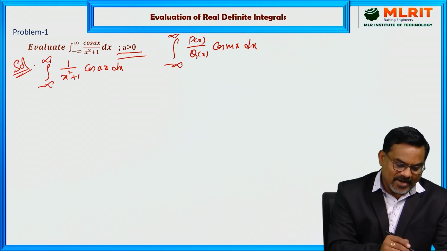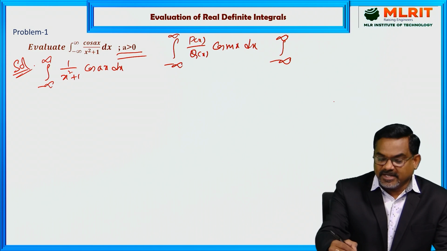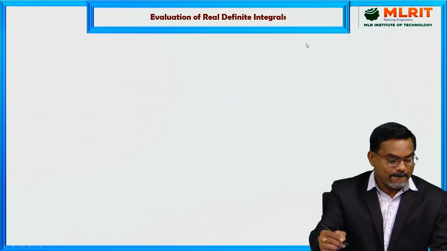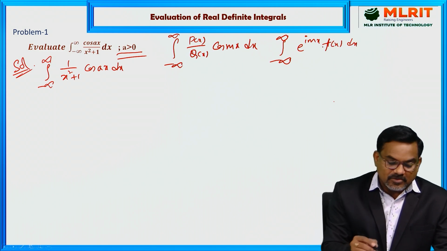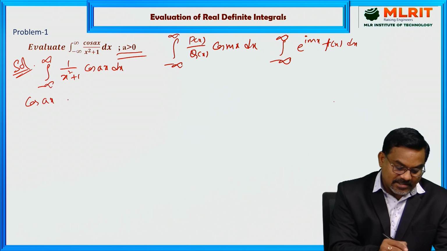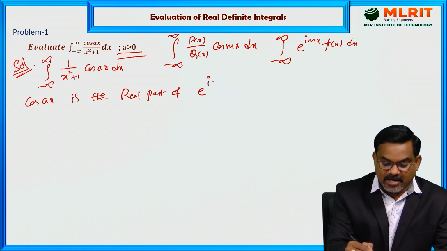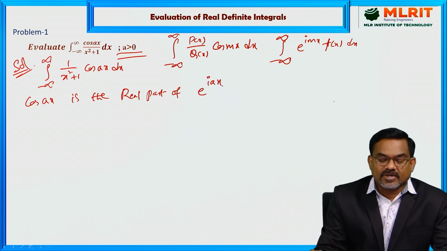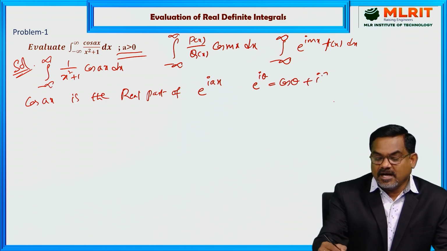Now, how to evaluate this? We are discussing a method of evaluating the definite integral of the form minus infinity to plus infinity e power imx into f of x dx. Here cos ax is the real part of e power iax, because e power i theta is cos theta plus i sin theta.